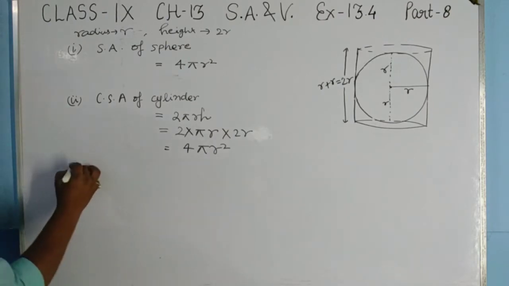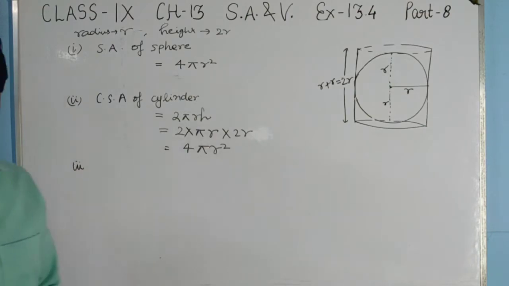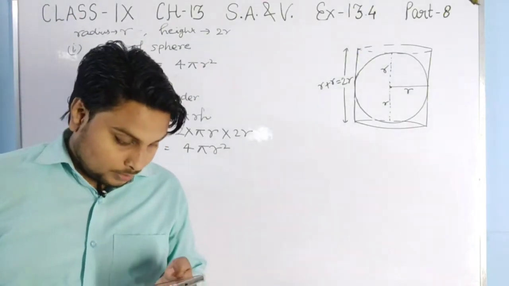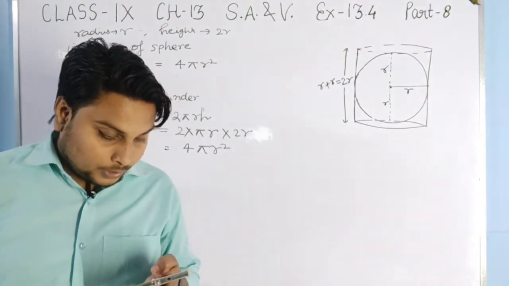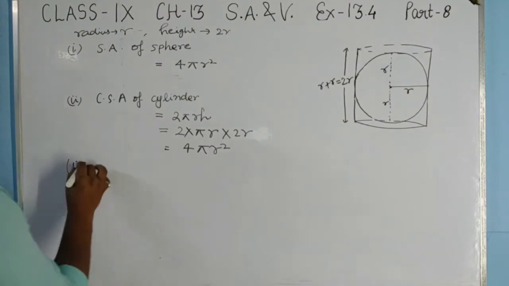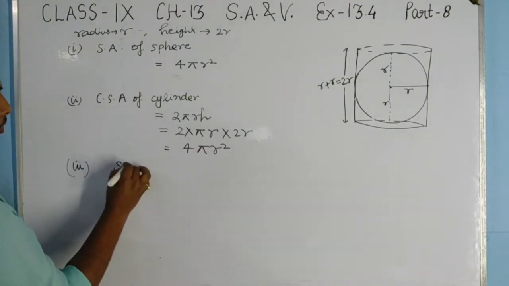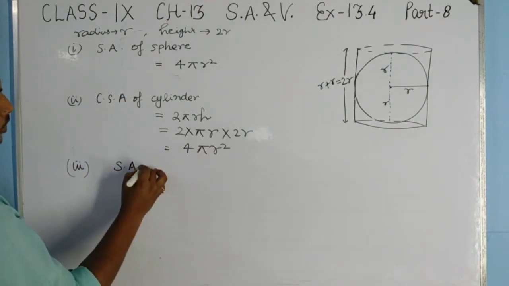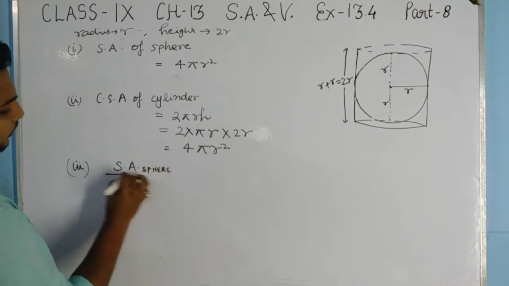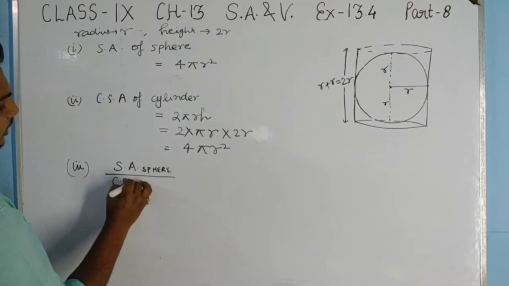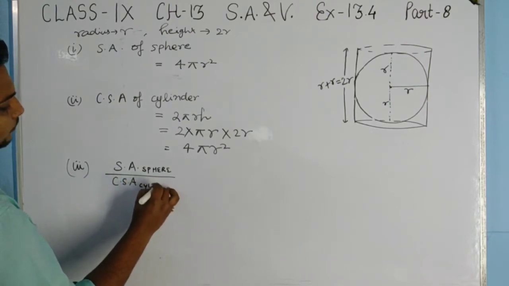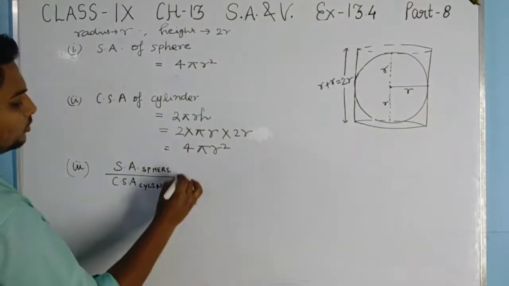In the third part it is said to find the ratio of the areas obtained in first and second, meaning you have to tell the ratio of the surface area of the sphere and the curved surface area of the cylinder.